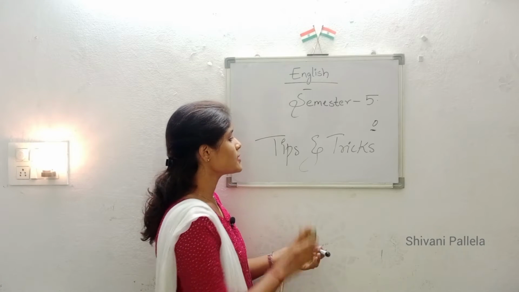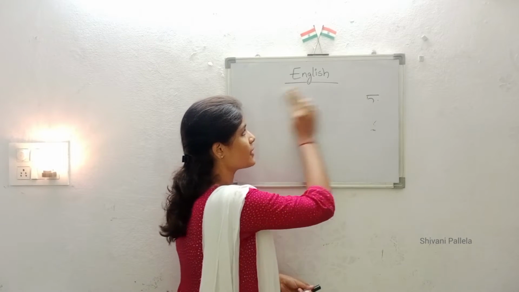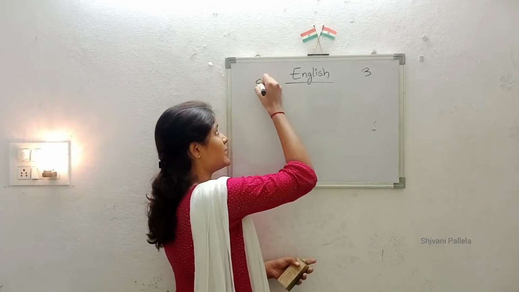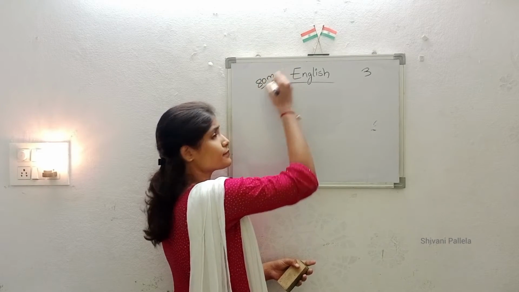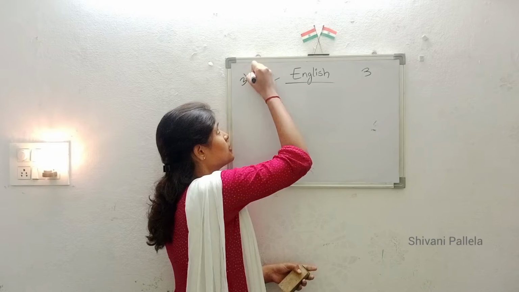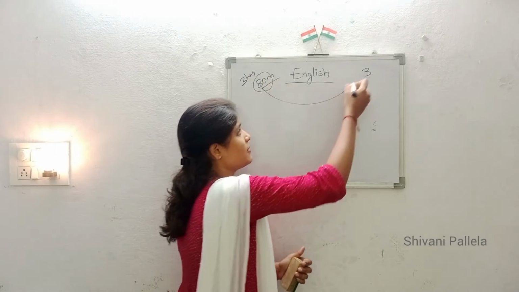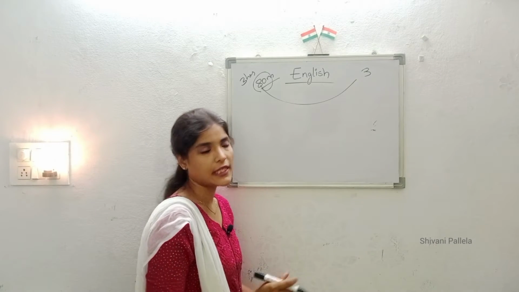Okay, so students, in semester 5 English you will have 3 units, and the question paper is for a total of 80 marks. 3 hours is the time duration. This 80 marks question paper will be from these 3 units only.